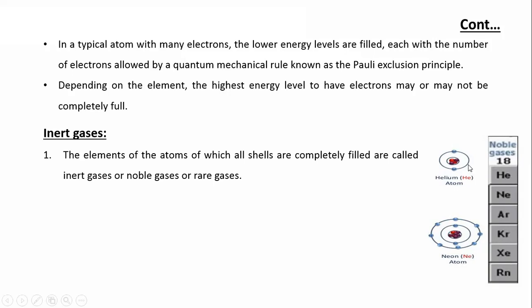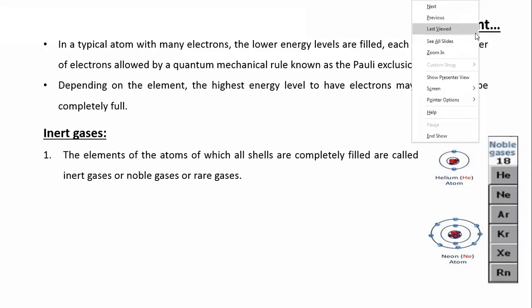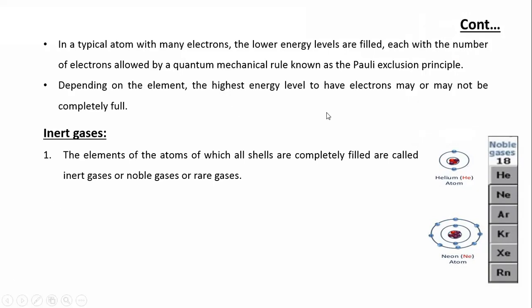Helium contains only one orbital, and the maximum number of electrons that can be present in the K shell is 2. So in a helium atom, two electrons are present at all times, which makes it an inert gas.